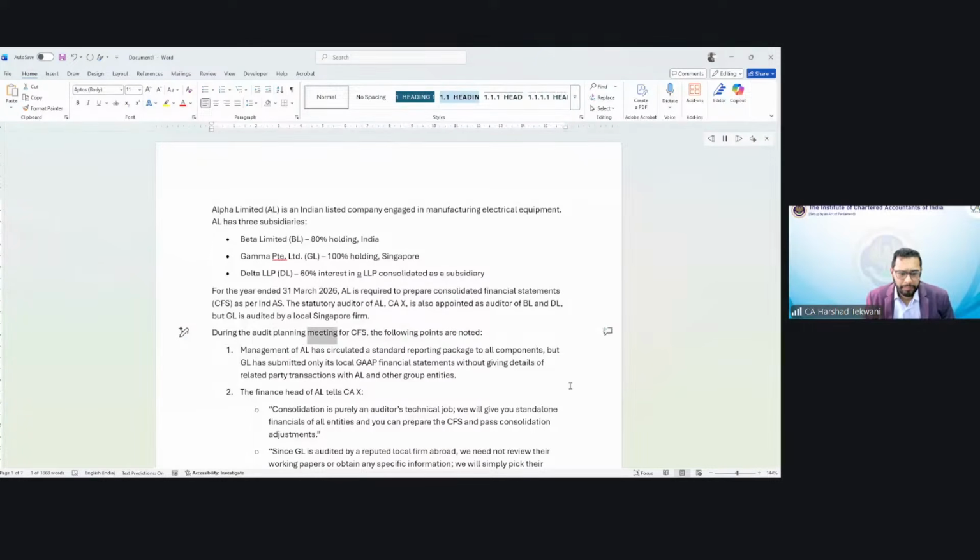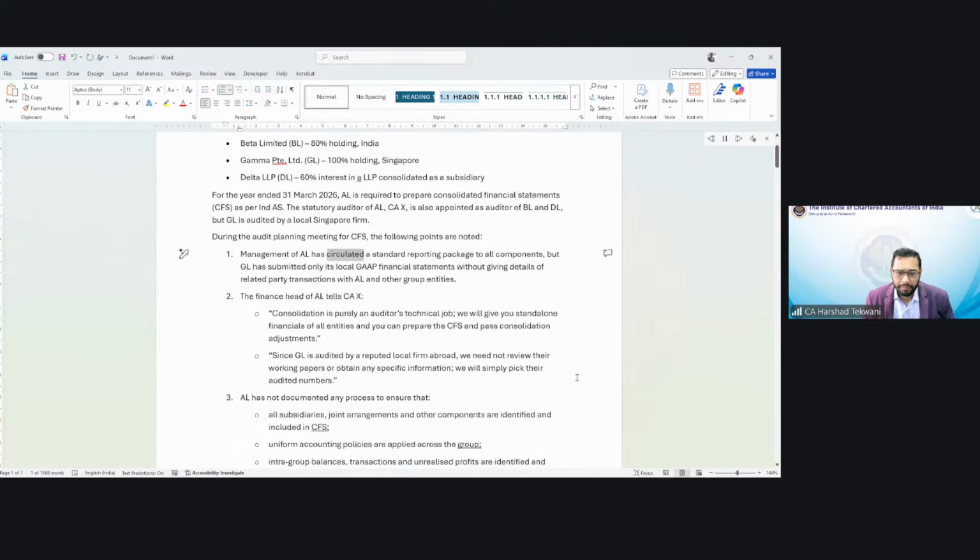During the audit planning meeting for CFS, the following points are noted. Management of AL has circulated a standard reporting package to all components, but GL has submitted only its local GAAP financial statements without giving details of related party transactions with AL and other group entities. The finance head of AL tells CAX, consolidation is purely an auditor's technical job.